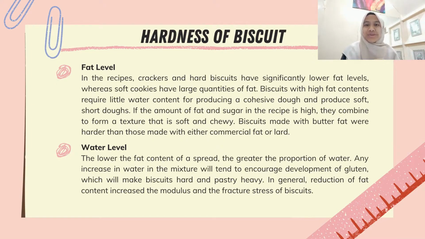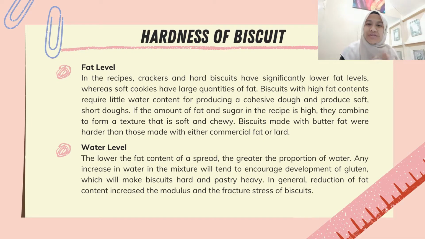Let's move to the first point, which is fat level. In the recipes, crackers and hard biscuits have significantly lower fat levels, whereas soft cookies have large quantities of fats. Biscuits with high fat contents require little water content for producing a cohesive dough and produce soft, short dough.